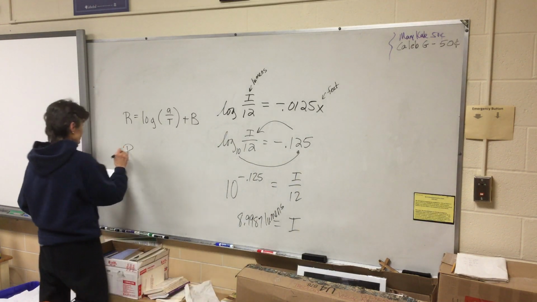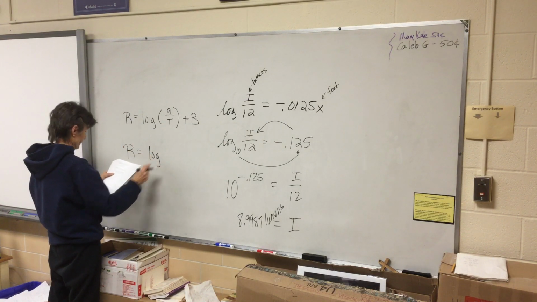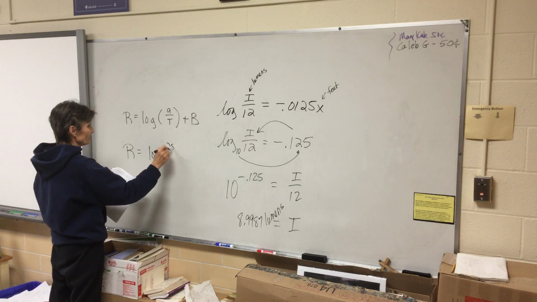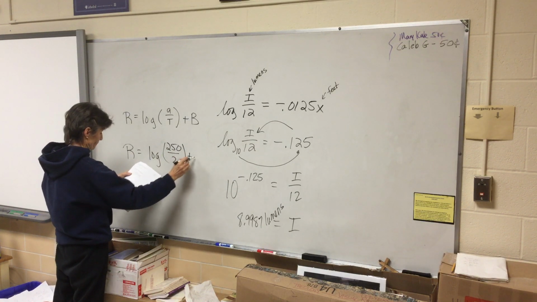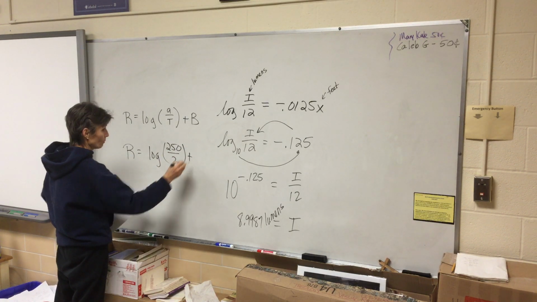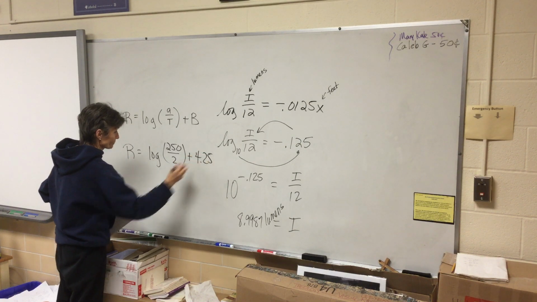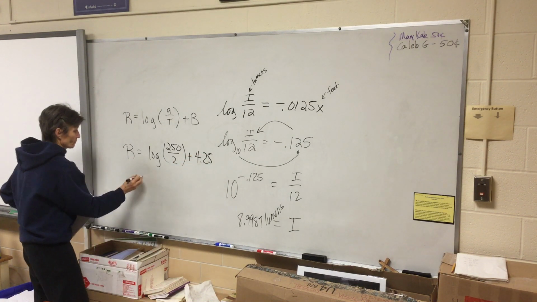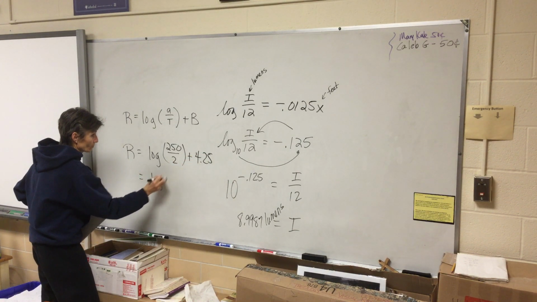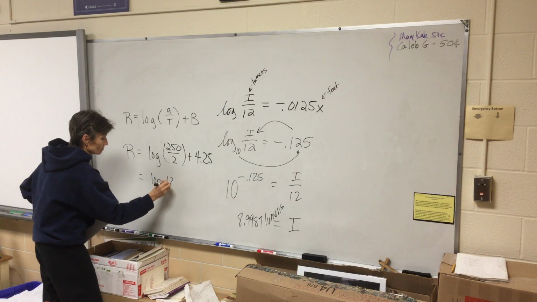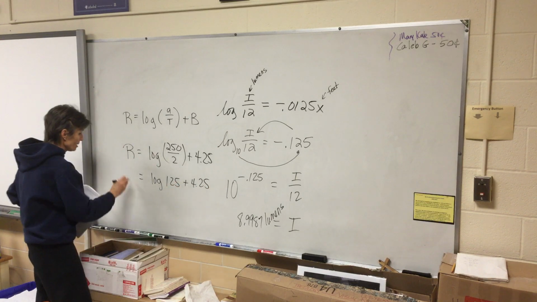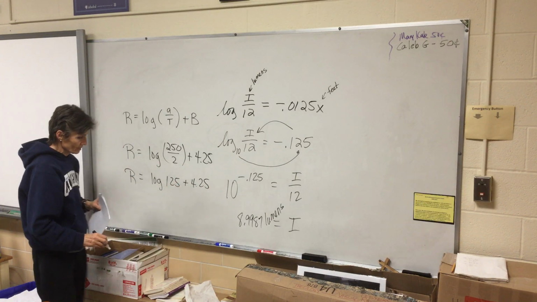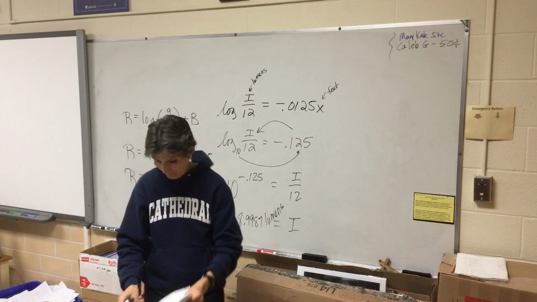So here we go. Let's plug in what we've got. A is 250. T is 2. And B is 4.25. This is easy.